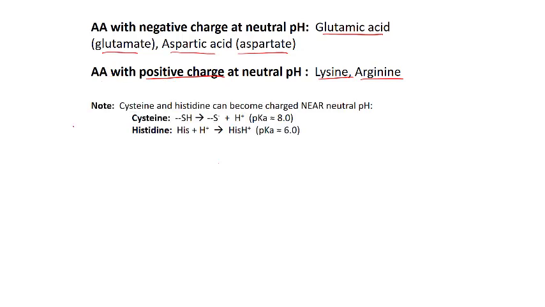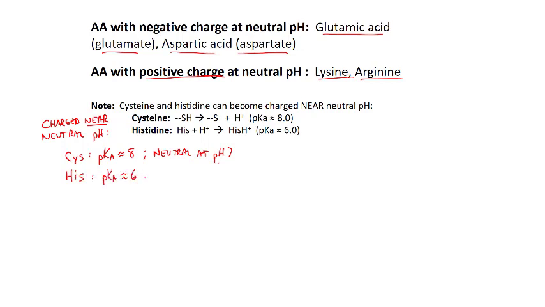And then we have two amino acids that can become charged not necessarily at neutral pH, but charged near neutral pH. And those are cysteine, which has a pKa of about 8, and it's neutral at pH 7. And we have histidine, which has a pKa of about 6 and is neutral at pH 7.